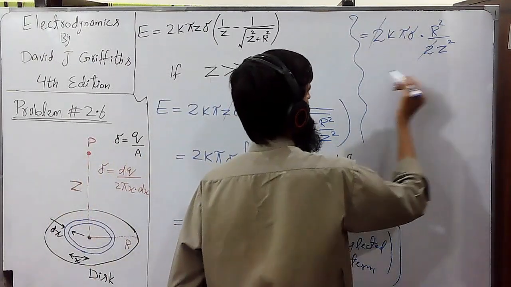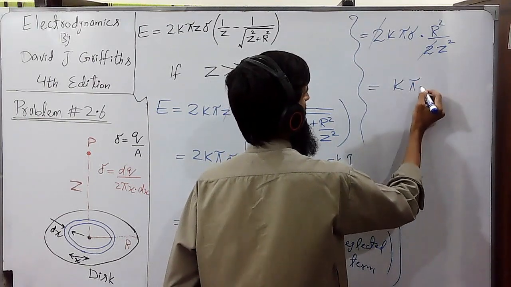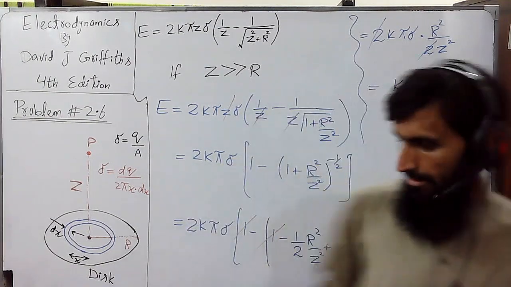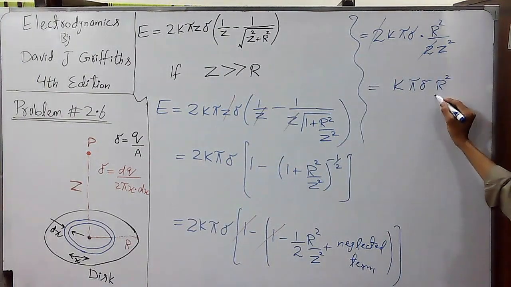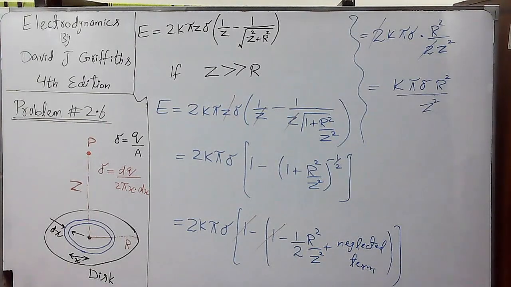Again this 2 and 2 cancel out, and it becomes k pi sigma r square divided by z square.